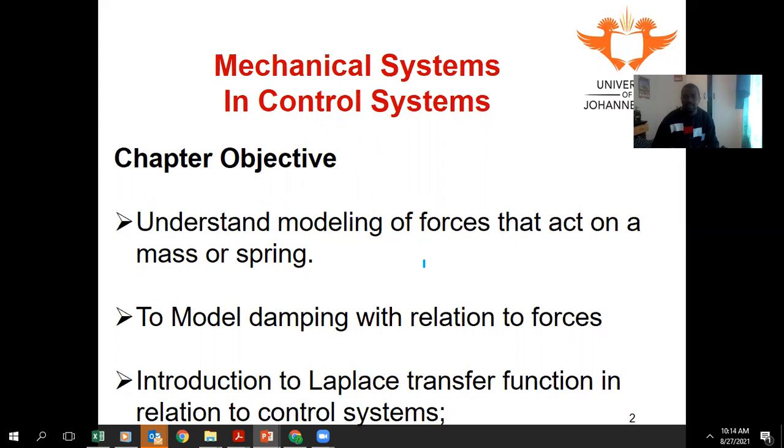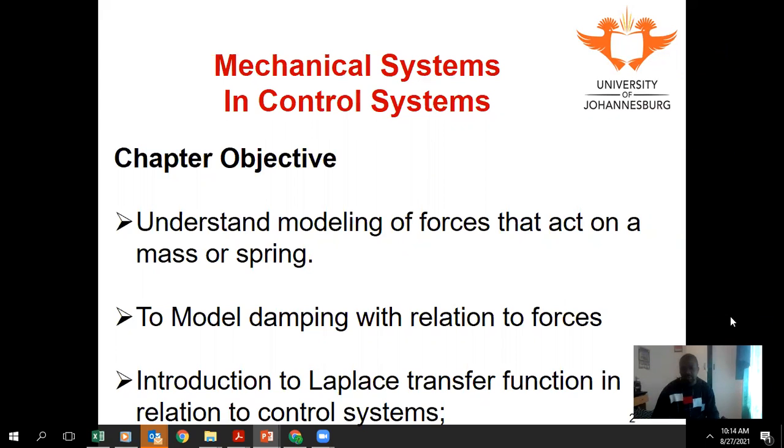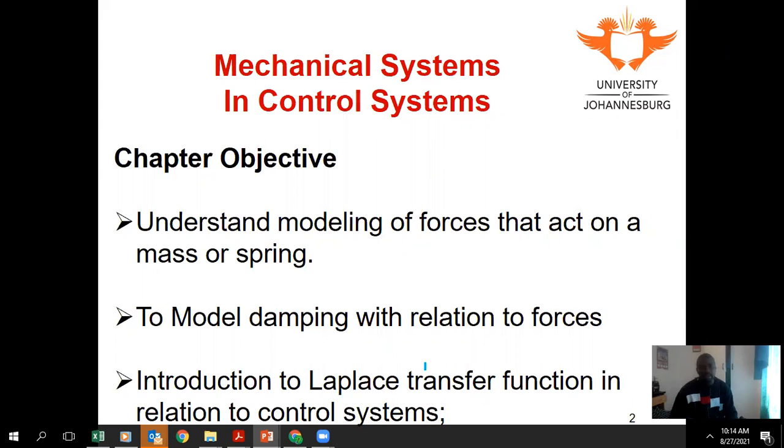It's used in buildings to reduce the movement caused by earthquakes, and used in cars to reduce drastic motion when the cars hit things like speed humps and so forth. More of like a shock absorber. And we're going to have equations to represent that are aligned to Laplace transforms.